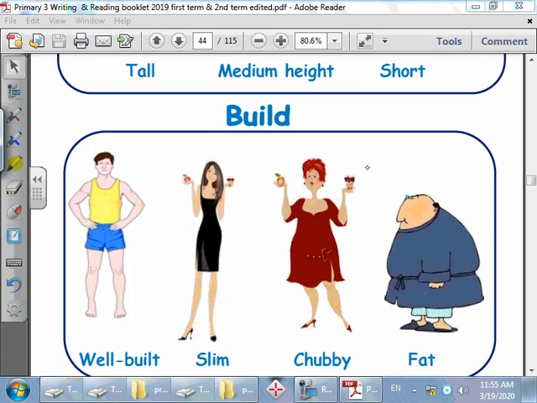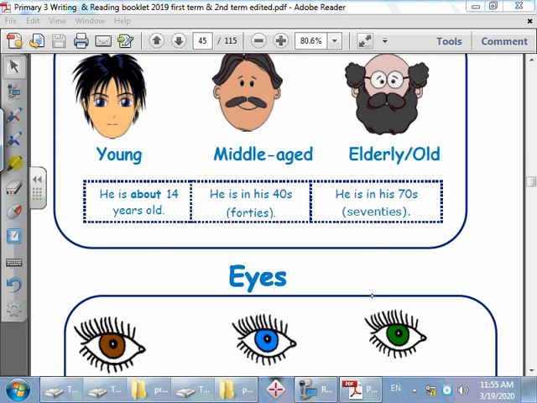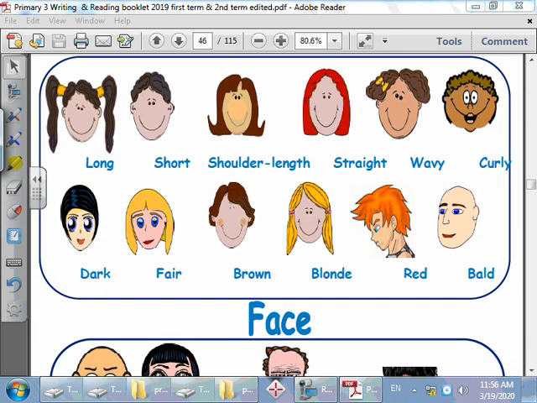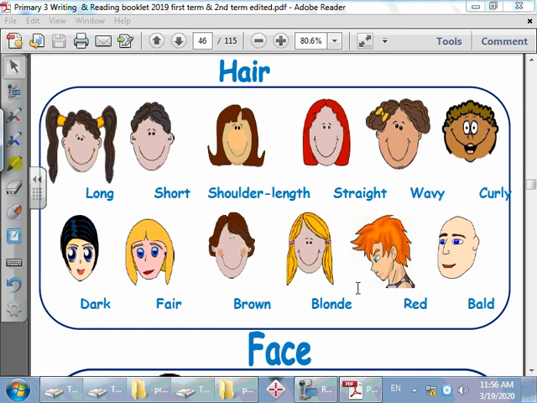I will go to the build. After that, I wrote the age. Now, the eyes. His eyes are, because there are two eyes, of course, not one eye. For example, the size first, big and blue, for example. After that, instead of saying he many times, I could say the person's name.